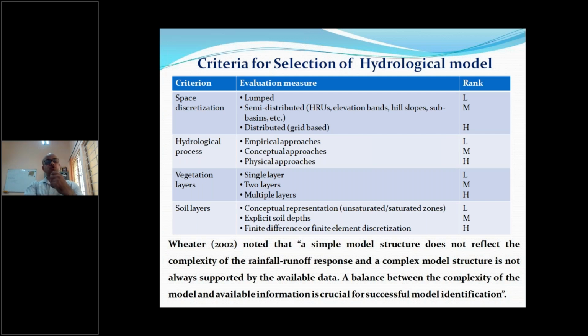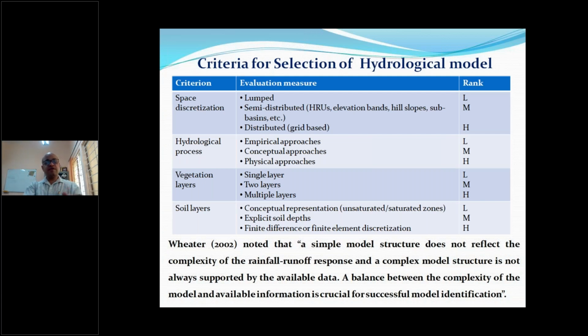Now, how should I select the best model for my study area or for my objective? The criteria could be based on space discretization, how the hydrological processes are represented, how the vegetative layer on the surface is represented by the model, how the soil layer is represented by the model, and then we will rank them.